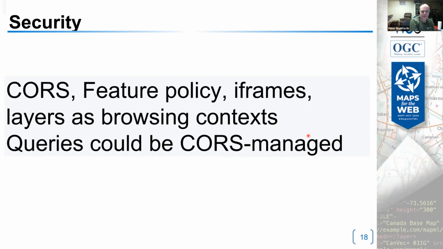So queries could be met, like when we see the browser interrogating polygons on the map, that's a CORS situation as well, because you're receiving content from over the web. As currently envisaged, a map document would not have executable JavaScript in it. So that's maybe one saving grace, but to be determined.